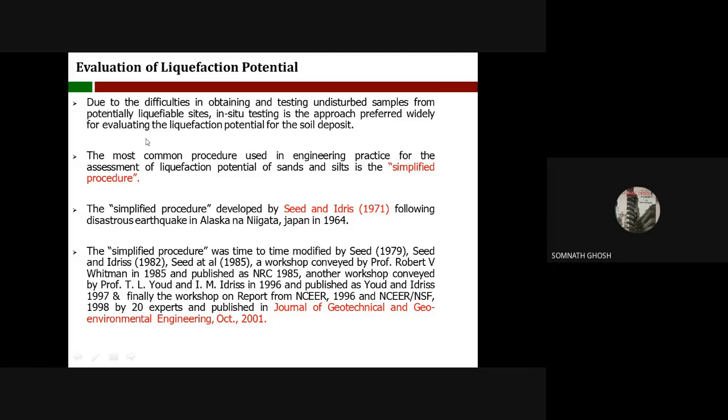So now we know something about it, but I think more research is required and many things have to be added, and how we can go for other testing. Yes, there are different other tests from which liquefaction potential assessment is done, and that I will also mention. In 1971, Seed and Idriss proposed a simplified method.